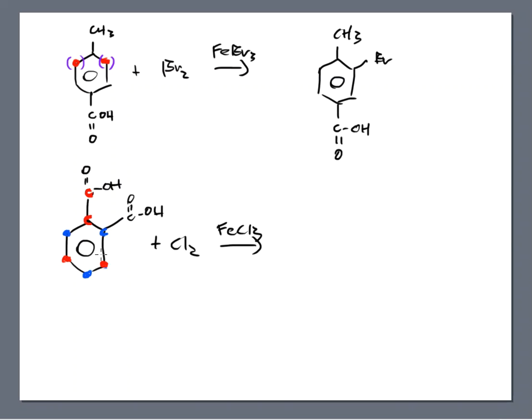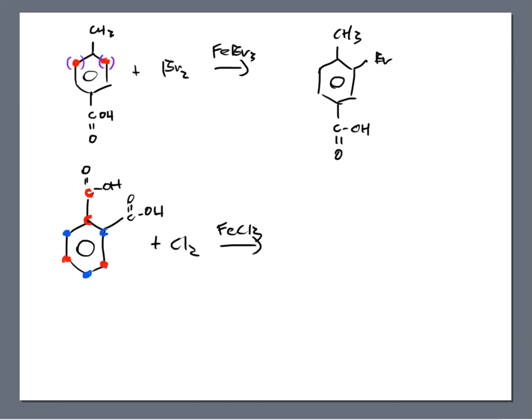Because of their locations and because they're both meta directors, every freaking carbon in the ring is a target. We don't like that. Okay, so one's going to outweigh the other, right? Not in this case. And the reason that it doesn't happen in this case is because they're the same group. One is not going to outweigh the other.